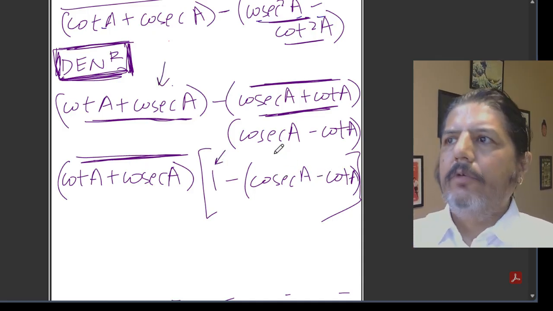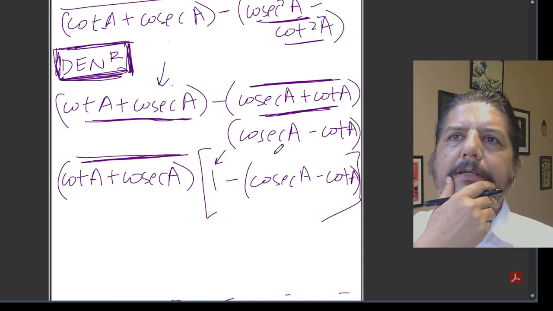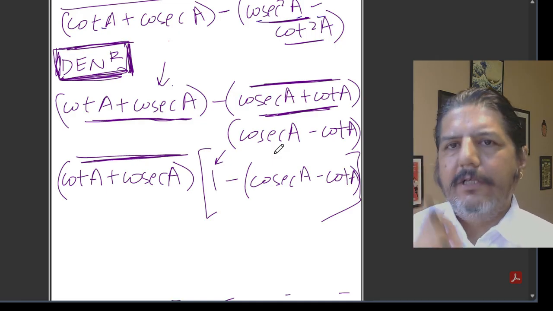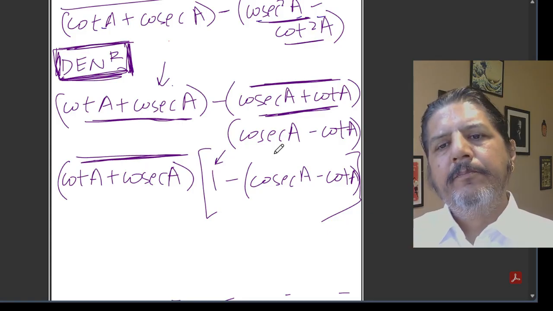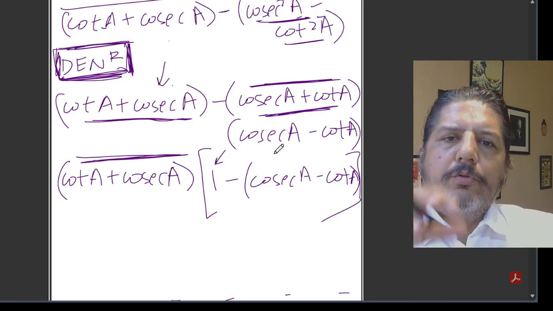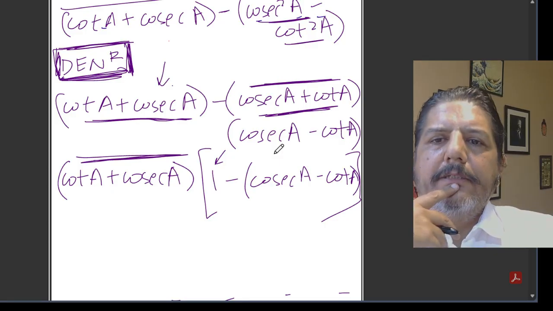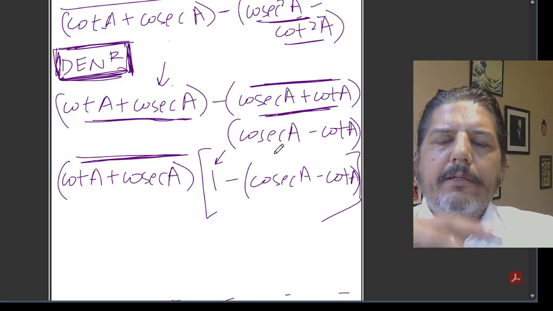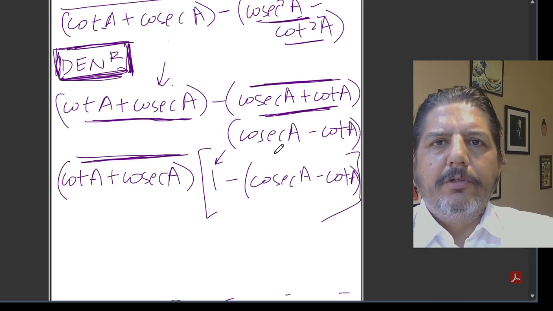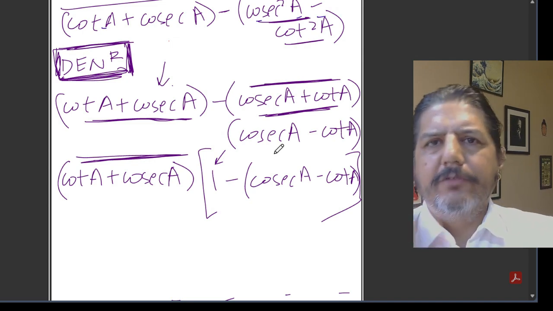See, again and again, what I'm trying to tell you is that trigonometric identities are more to do with your algebraic skills rather than trigonometry, because a lot of manipulation would be required, and usually these kind of tough questions don't come in the exams, but it is better that you practice. If you are looking at this solution, you can look at the solution once or twice.